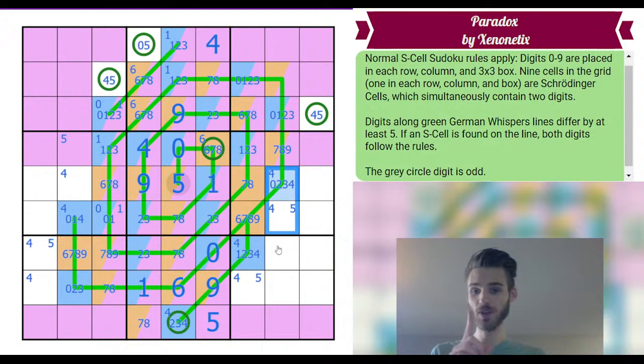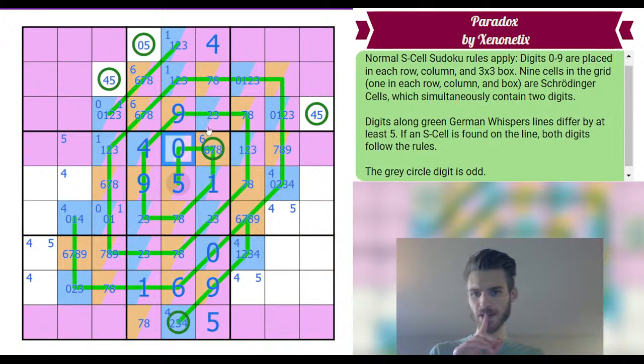Okay, let's hope to stumble into more success here. So this is a 4, 5, which doesn't do anything to these. Trying to think about, this can't be a 6.